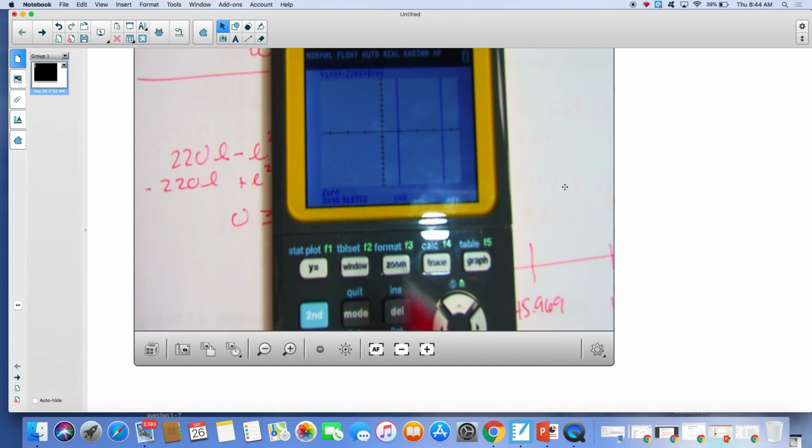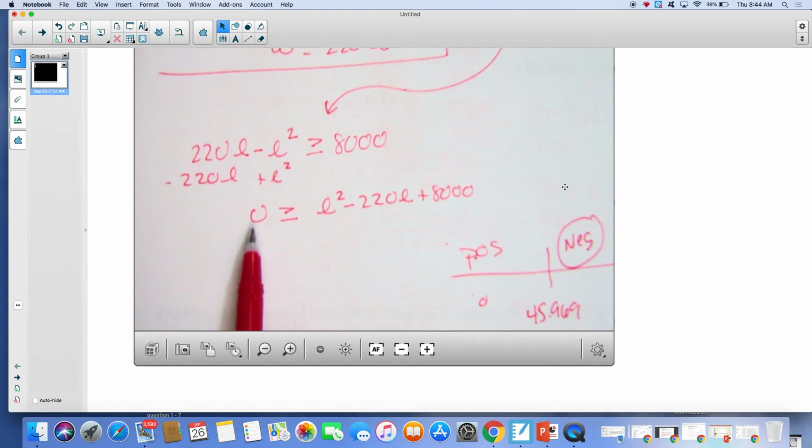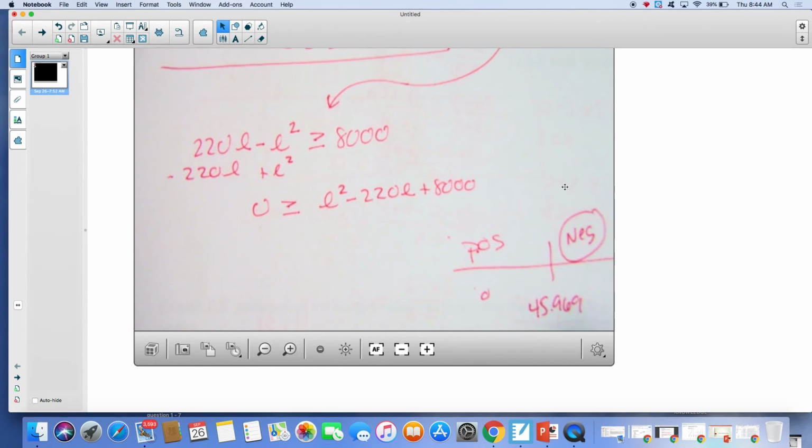So by looking at the graph, we can see our values are negative between these two zeros. So that's what we want. Why do I want negative? Because of the way my inequality sign is. When is 0 bigger than this?